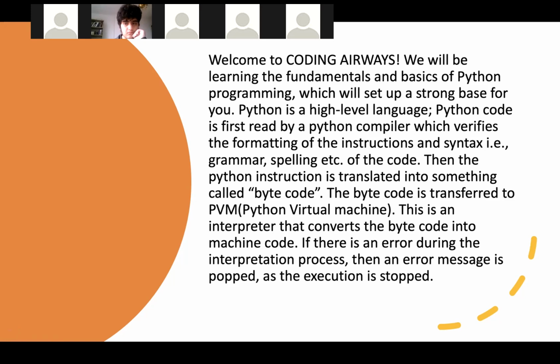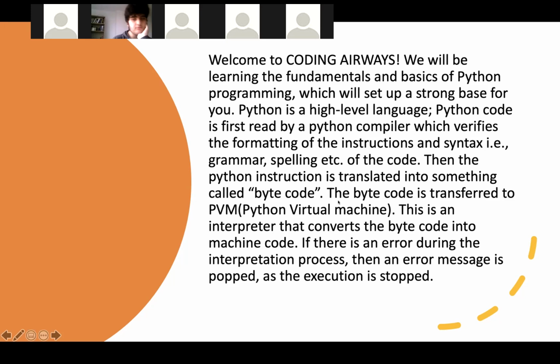Effectively what happens is that the Python code is first read by a compiler, right? And this compiler checks and verifies the instructions, the code and the syntax, like the grammar and the spelling, and then this is converted into bytecode once it has finished.